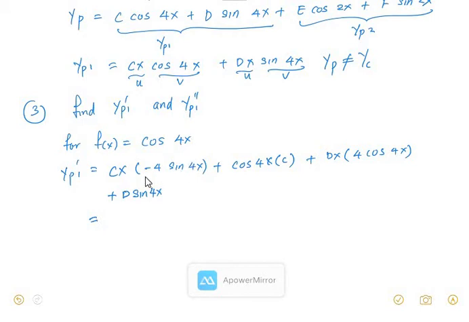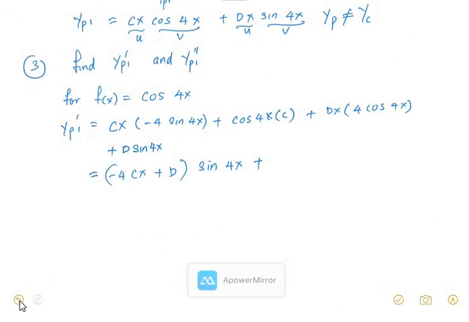For the sin 4x, I have negative 4Cx plus D, so this is the sin 4x, plus 4Dx and 4C for the cos 4x.